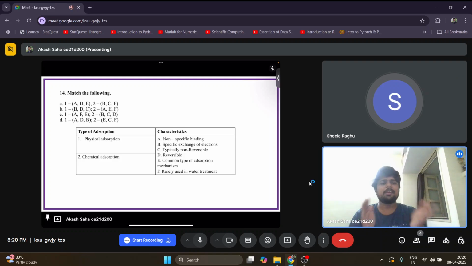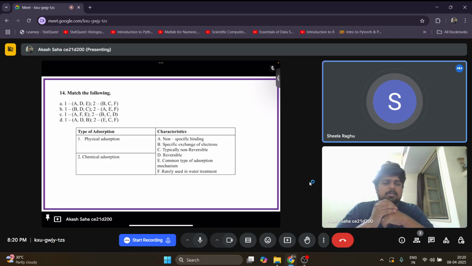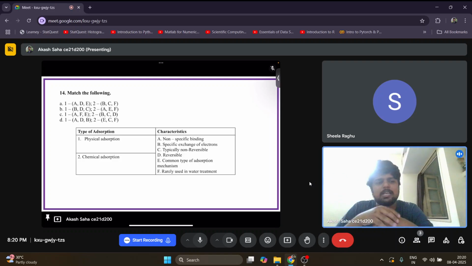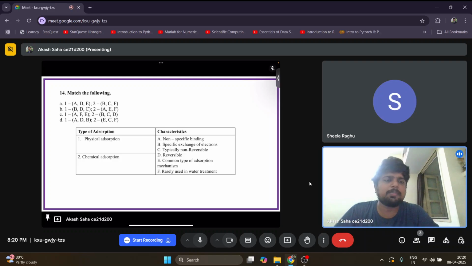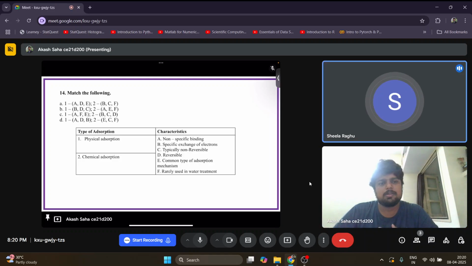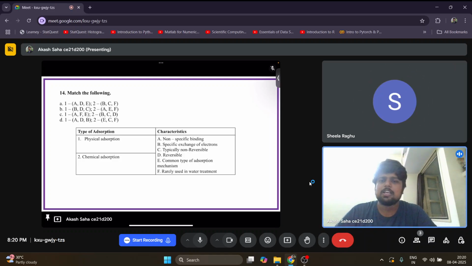Which will be reversible easily? Chemical bondings or physical forces? Physical, sir. Physical, definitely. So physical adsorption will be reversible.